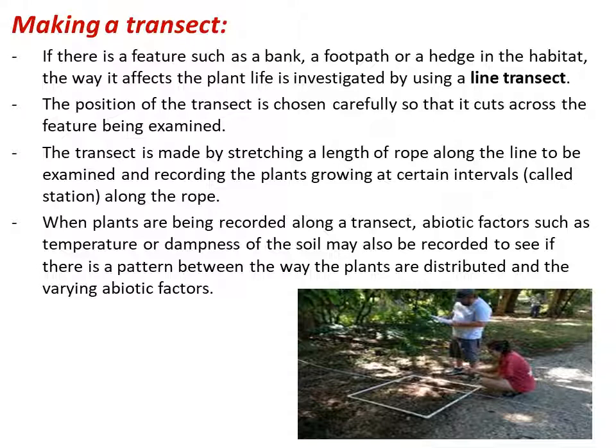When I was moving, I found in the middle there is a damp place, and here in this damp place there is a specific kind of plants. When I move, I find different soil, and here there is another kind of plants. That's why I have to record the abiotic factors which can affect the distribution of the plants. You got it?